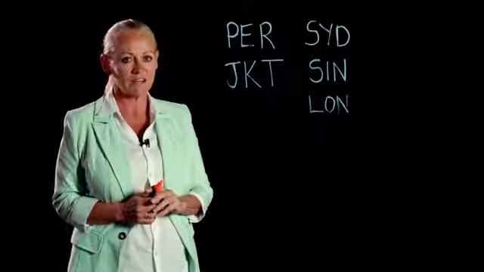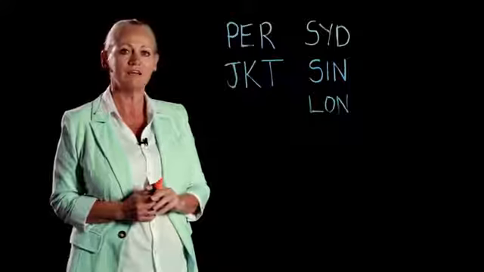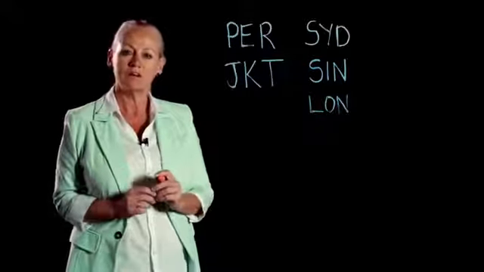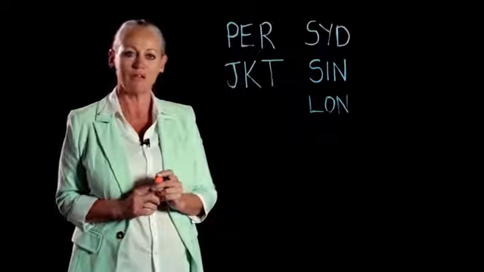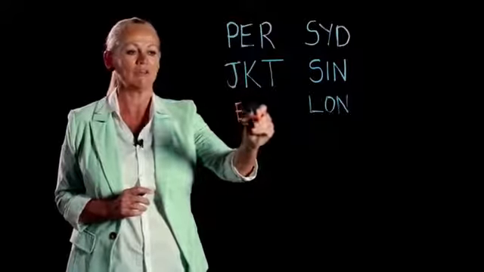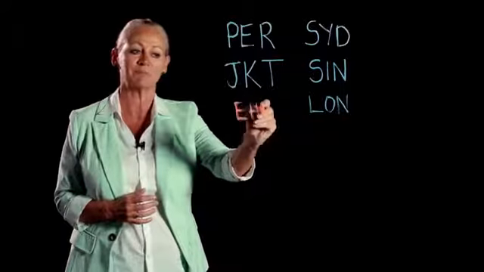Perth is in Australia, which is in Area 3, travelling through to Jakarta, which is also in IATA Area 3. So when travel is wholly within Area 3, the global indicator is EH. That's standing for travel via the Eastern Hemisphere.